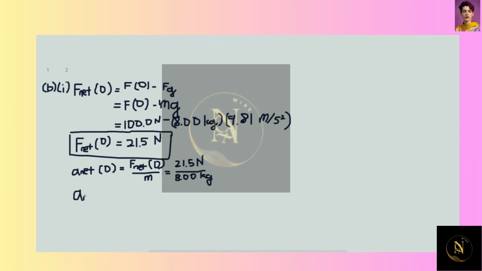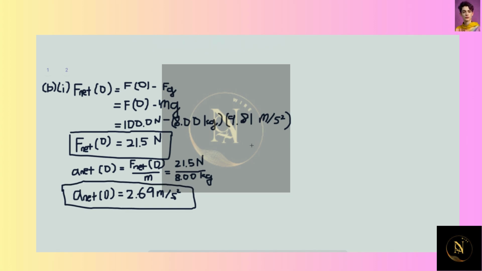Plug that into a calculator, and then get that our net acceleration is equal to 2.69 meters per square second. Cool. So that was part Roman numeral I of B.